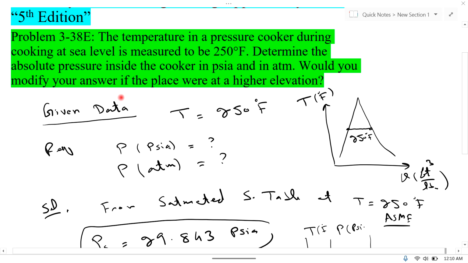We know that at higher elevation the atmospheric pressure decreases, but here the case is different because we use a pressure cooker, and the pressure cooker temperature is constant. So there will be no change in the absolute pressure.